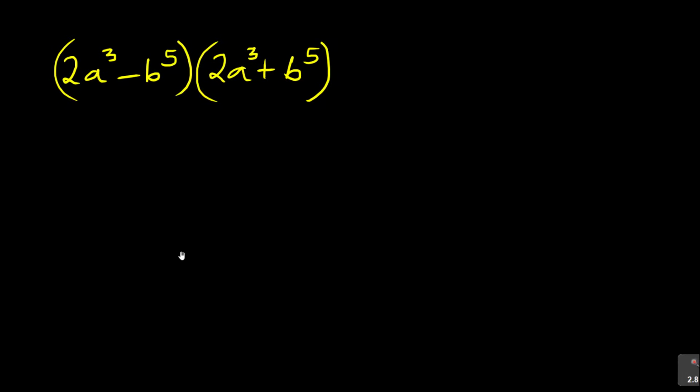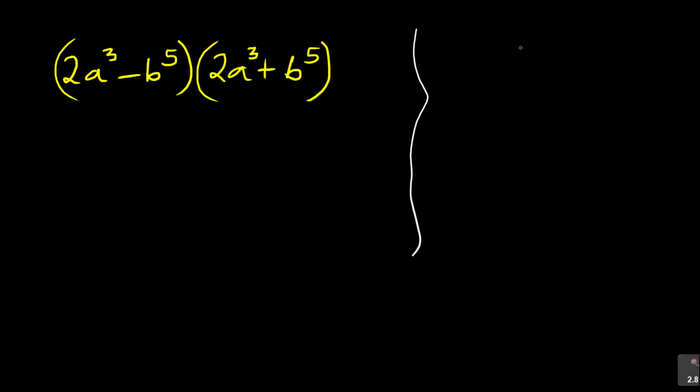Look at this. You have got 2a cubed, 2a cubed, b5, b5. You're only separating positive and negative and positive. This is what we call the difference of two squares.